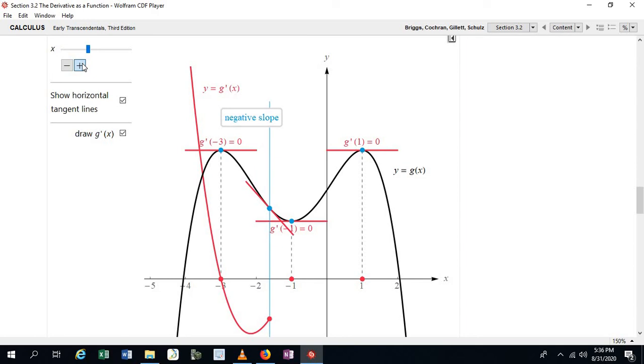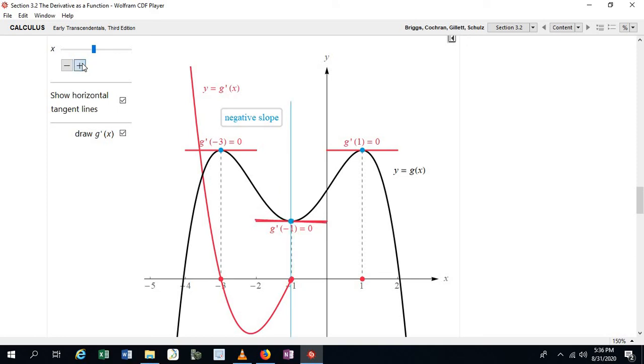Okay, so it's less and less negative. And then right at -1, the tangent line becomes horizontal. And so the derivative is 0, and that's why it's crossing the x-axis.